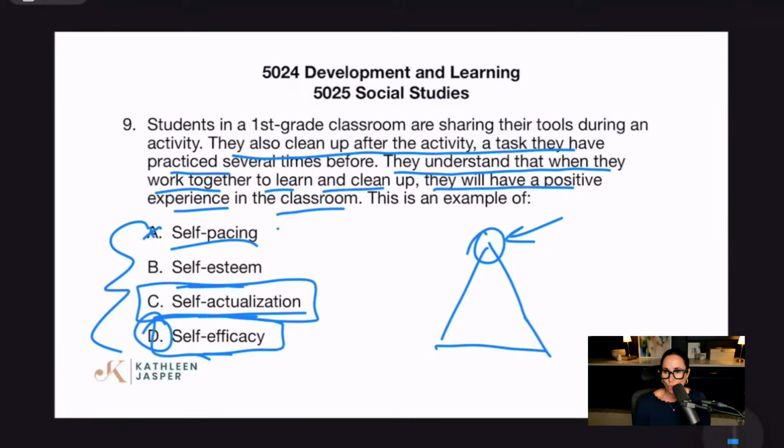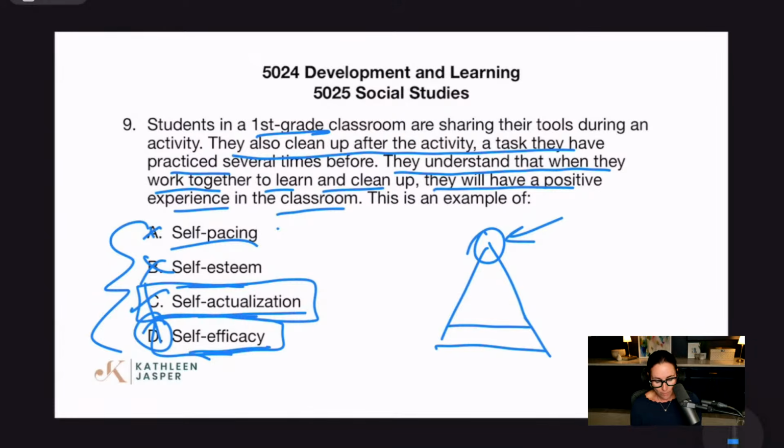What am I here to do? What do my talents bring to the world? You don't have that until you've learned a lot about yourself and others. And I argue sometimes we fall in and out of that. Sometimes I feel very self-actualized, and other days I'm like, what am I doing with my life? Right? We all have that. First graders are probably not there yet. So I would cross that off, and self-esteem could be the distractor here, the almost correct answer, but self-efficacy is here.